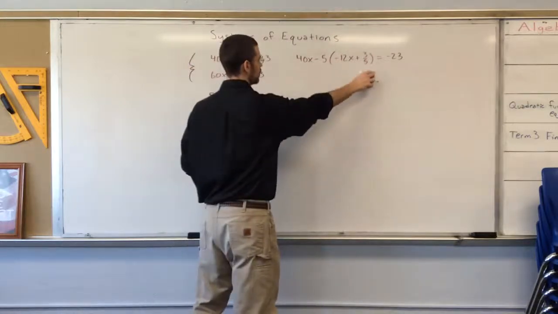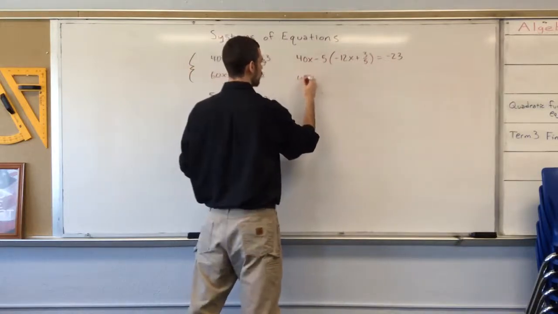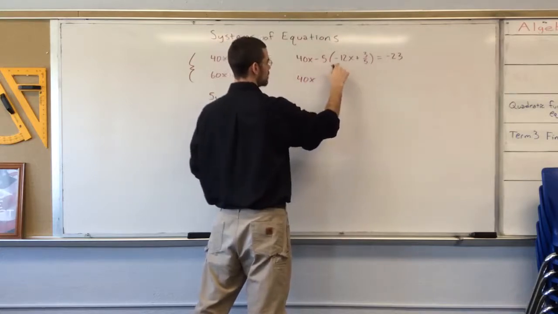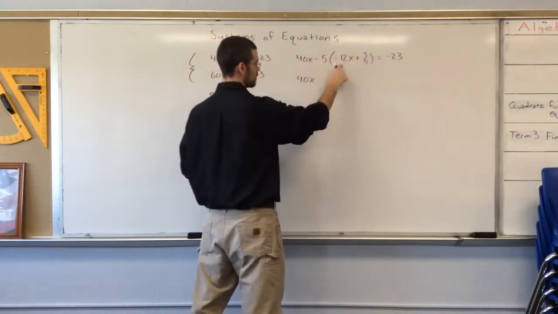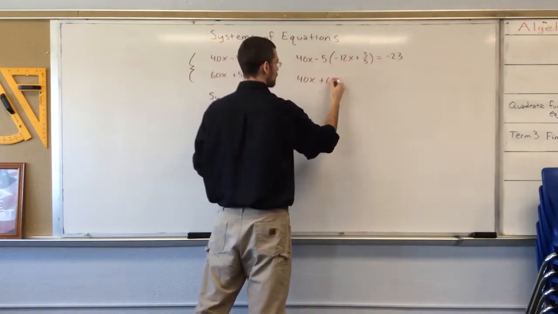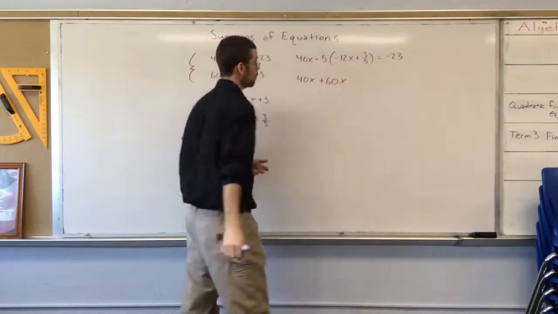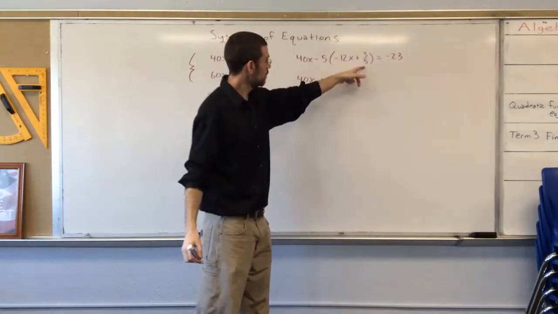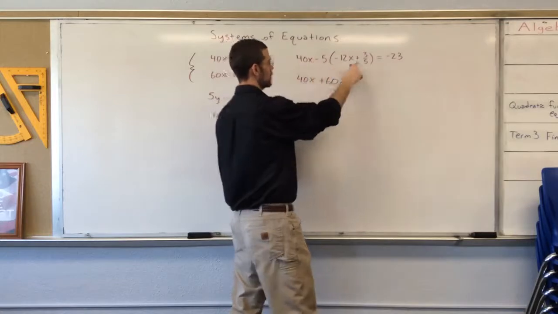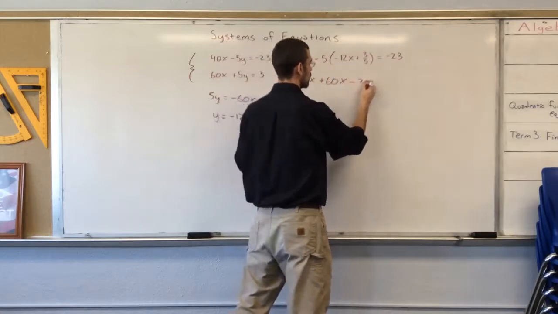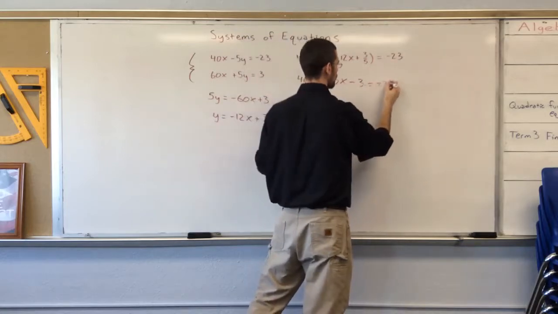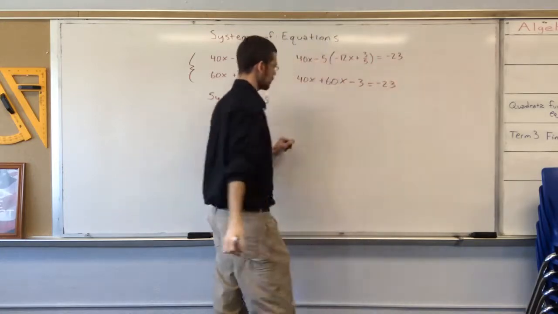So we'll distribute the 5, and we get 40x minus 5 times negative 12. So negative times negative is positive. 5 times 12 is 60. 5 times 3/5 is 3, but we're subtracting. Negative times a positive is negative. 5 times 3/5 is 3, and that's all equal to negative 23.